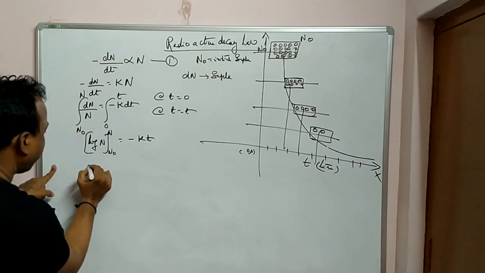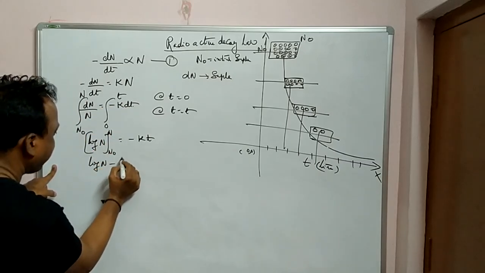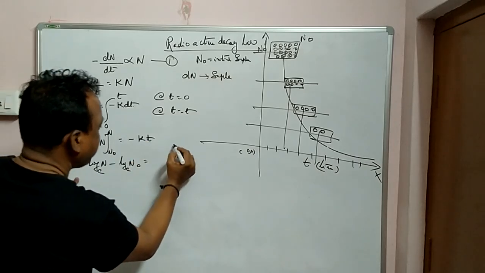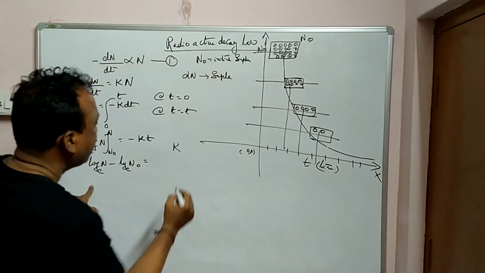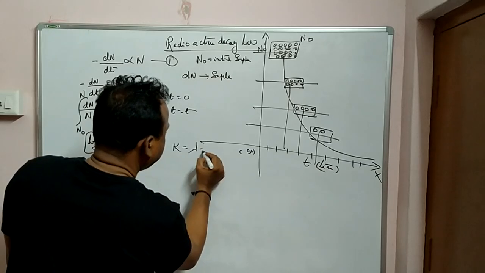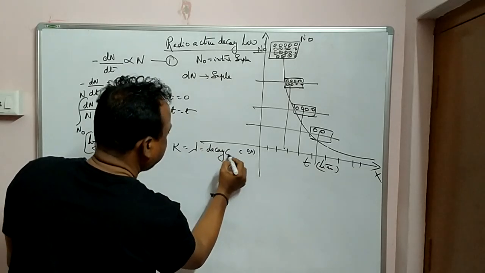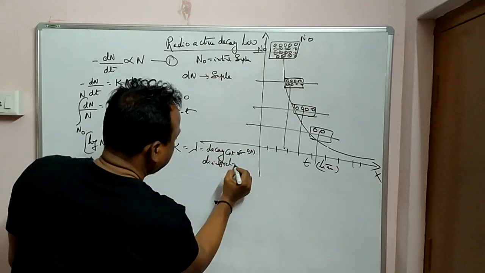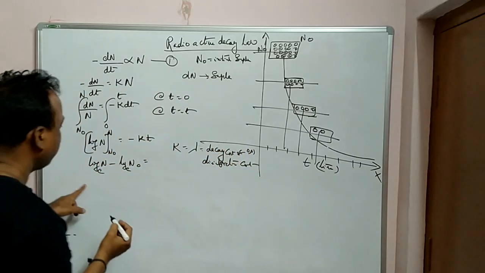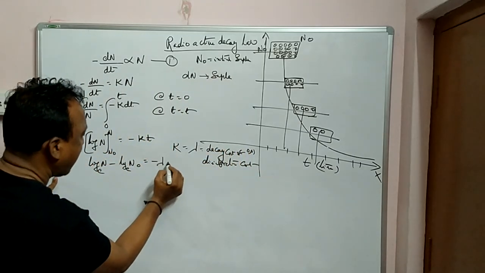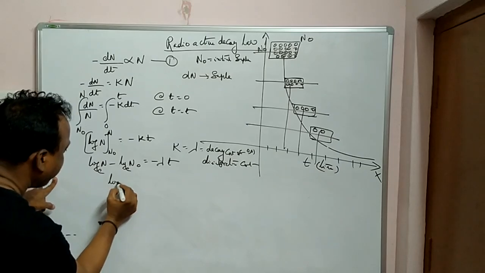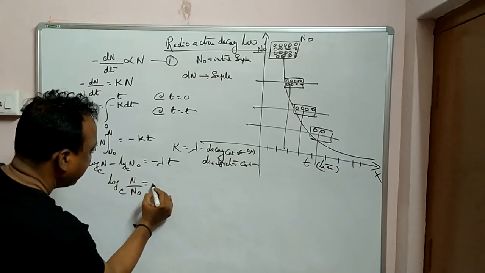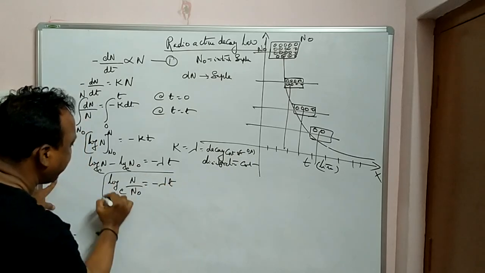If you apply the limits, log N minus log N0 with base e, and this constant k I will put as lambda. This is called the decay constant or disintegration constant. So finally log N by N0 with base e is equal to minus lambda t.